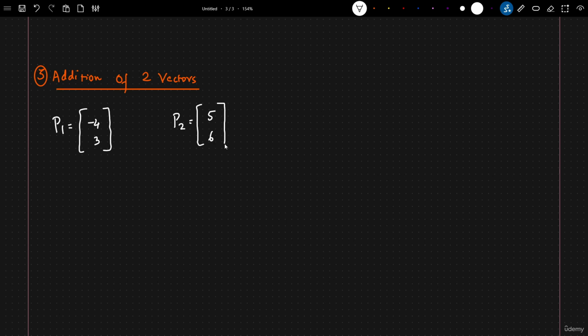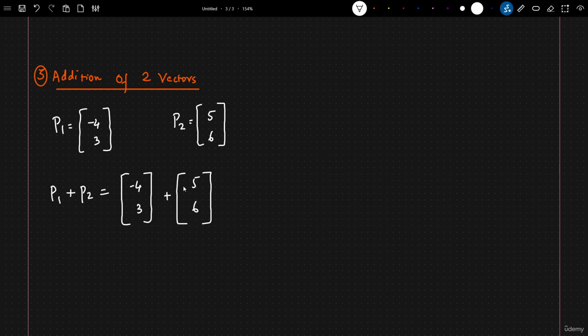Okay, so these are the two vectors that we have. Now I need to perform an addition operation, P1 plus P2. That basically means we will take this 2 dimension vector, P1, -4, 3, and then add another vector, which is 5, 6.